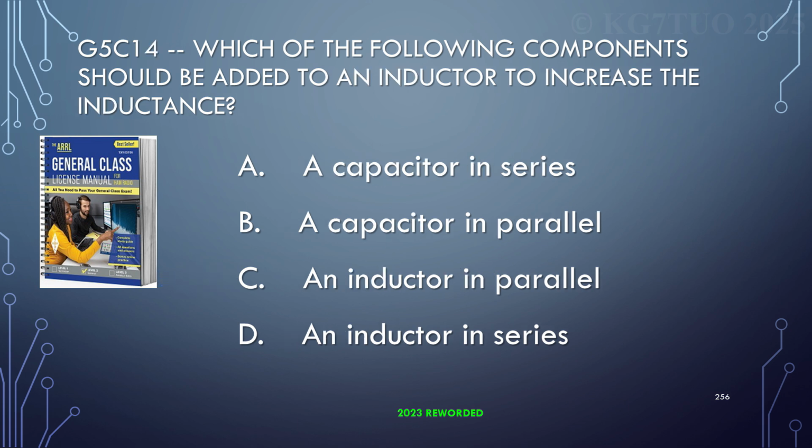Which of the following components should be added to an inductor to increase the inductance? I'll bet we could throw out some capacitors. Okay, so let's throw out A and B again. Do we want to put it in parallel or in series? We want to increase the inductance. It's got to be Charlie or Delta, so fight it out. Own it, and if you're wrong, you'll remember.